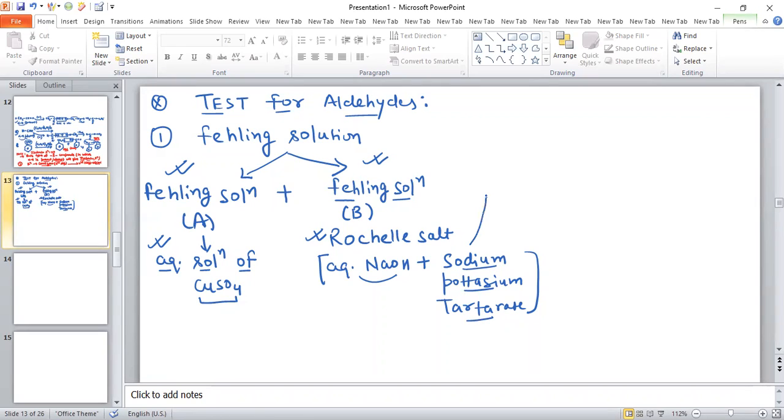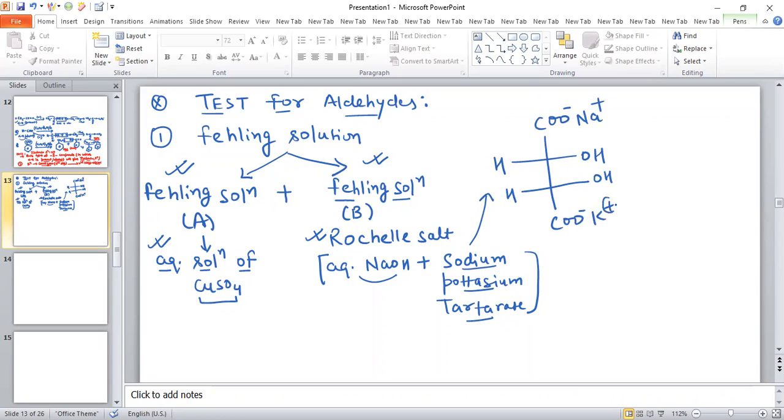You can also see the structure of sodium potassium tartrate. In Fischer projection it looks like this: H, OH and HO, H, with COO minus Na plus, because sodium is there, and COO minus K plus, because potassium is there.